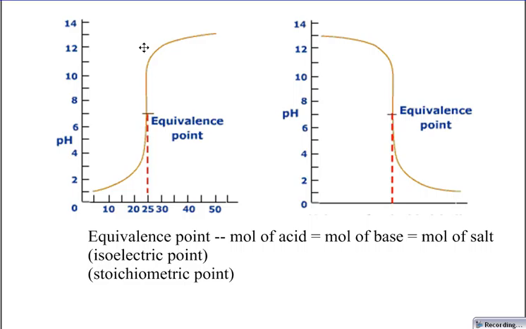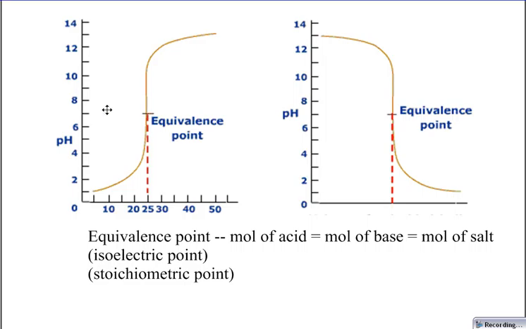You can find the equivalency point by simply finding the geometric center, or the geometric midpoint, of the straight line of this curve. So the line starts here, ends here. Midway between the two is this point here, the equivalency point.